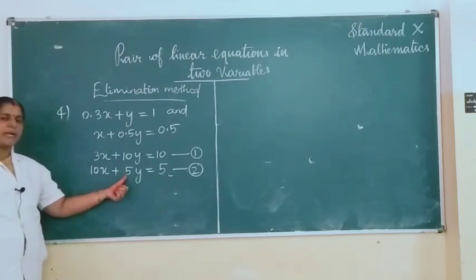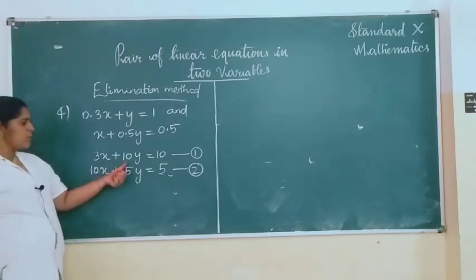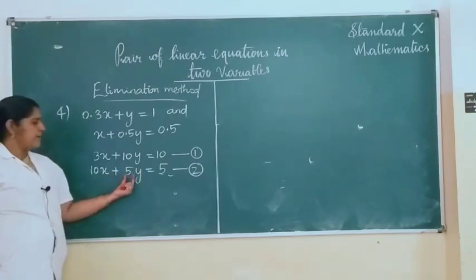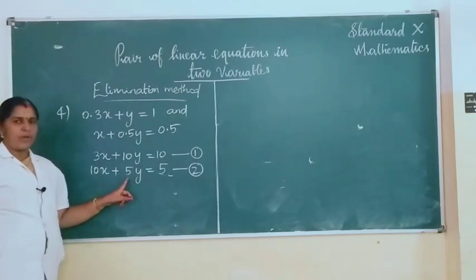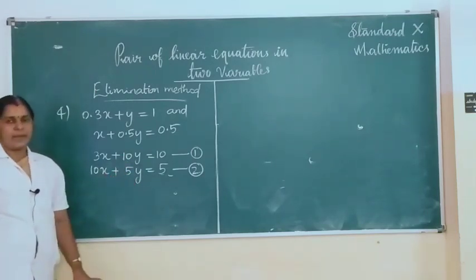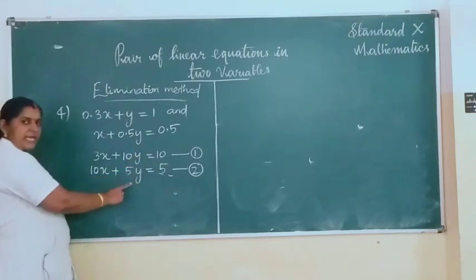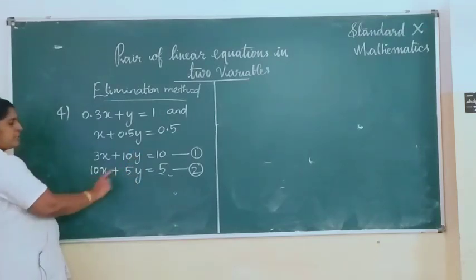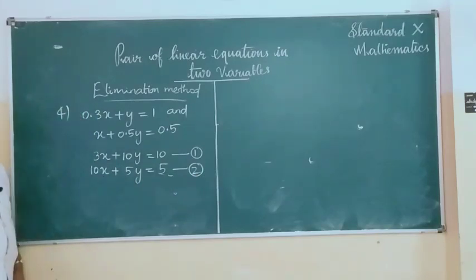So what is the common multiple of 10 and 5? It is 10. So you can multiply this 5y by 2, so that it becomes 10y and y will be easily eliminated. So it is easy for you to eliminate y in this case because we need to multiply only the second equation by 2.